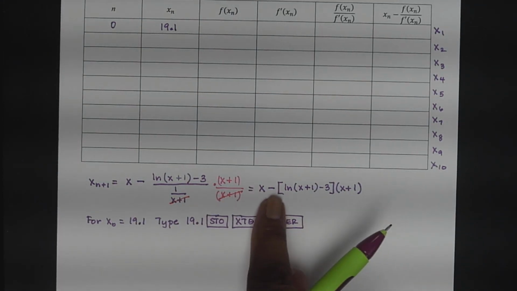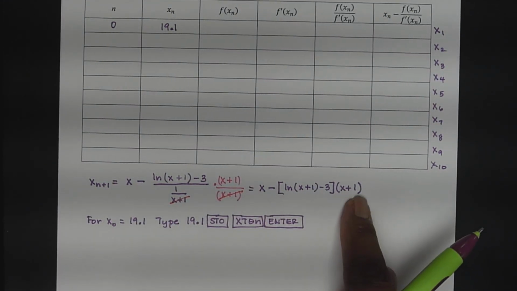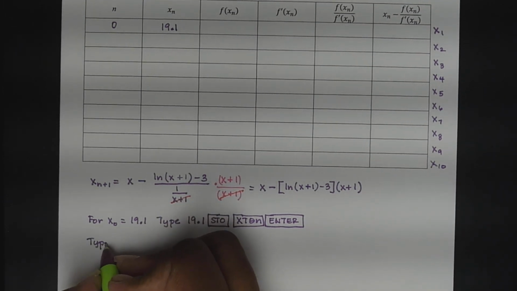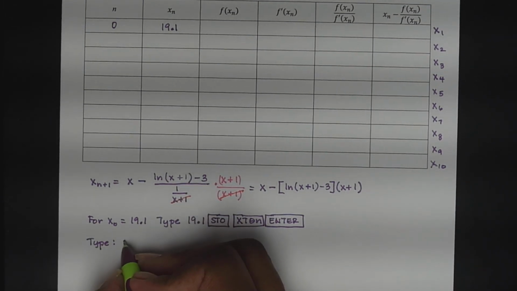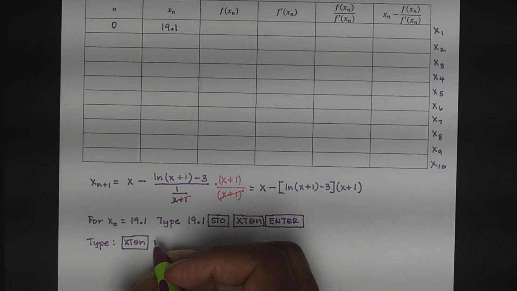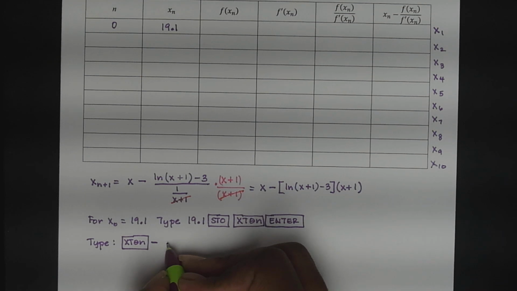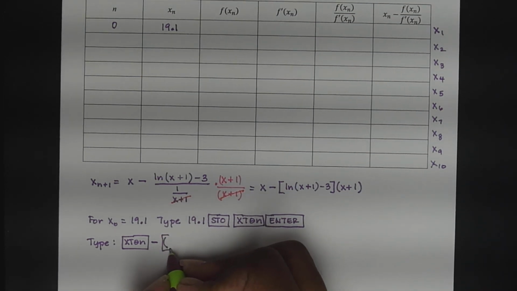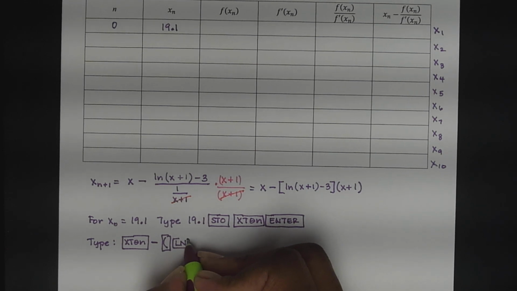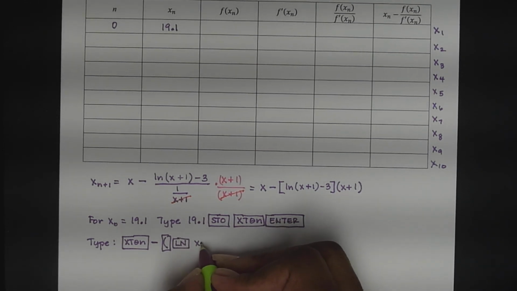Now, for this expression on the right-hand side, here's how you're going to type this in. First of all, X,T,theta,n for your x, minus, then left parentheses, press the ln button, and then X,T,theta,n for the x.